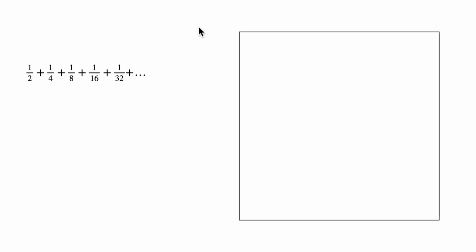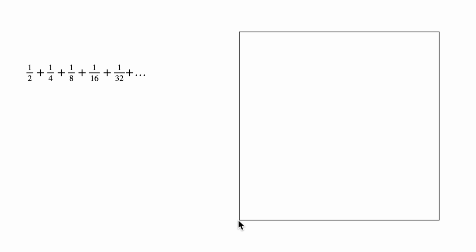So what's the illustration behind this sum? Well, look at this. It represents a unit square. So this is a square with a side length equal to 1. Its area is obviously 1 square unit, right?